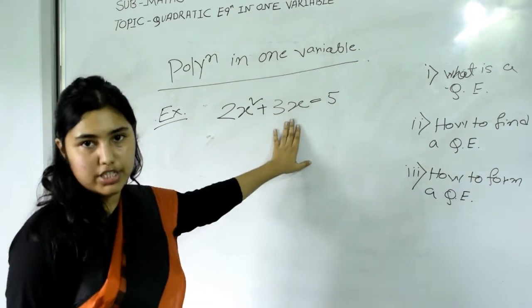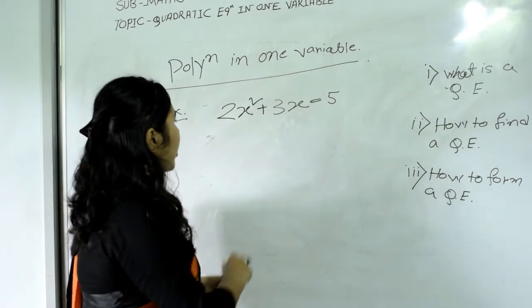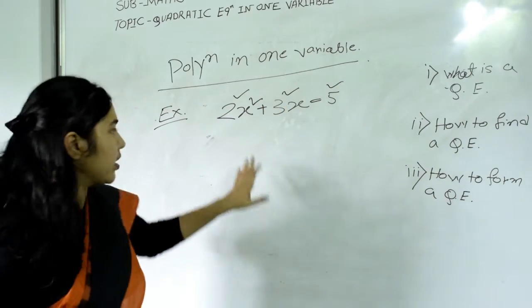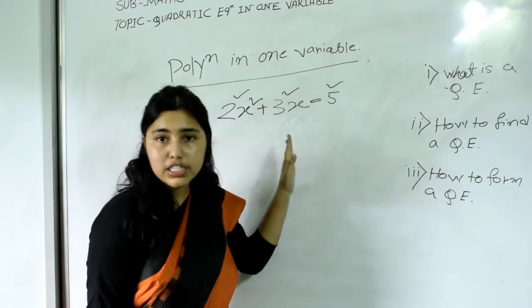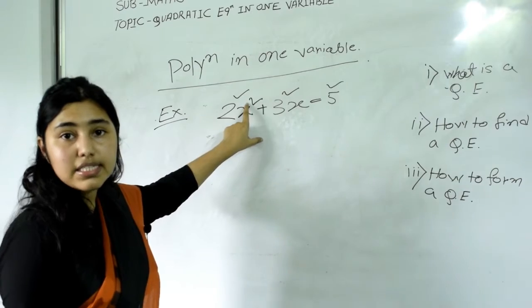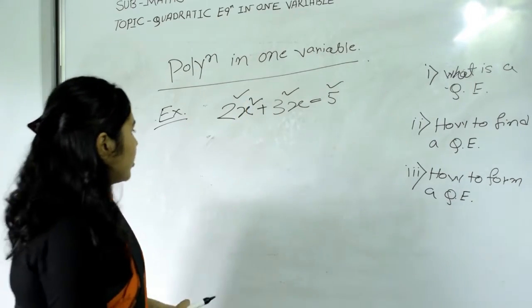Look at this equation. Here the variable is x and we have 3 terms in this equation, and the highest power of this variable is 2. Then this type of equation is known as quadratic equation.